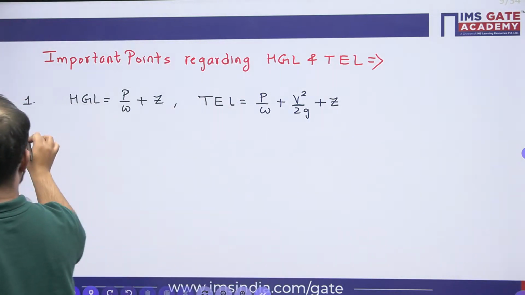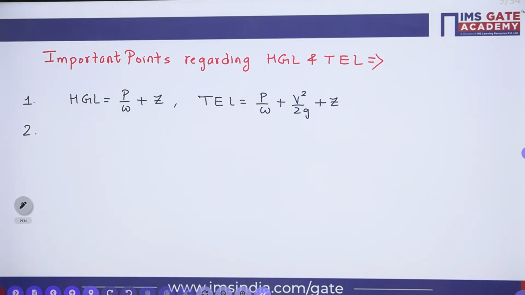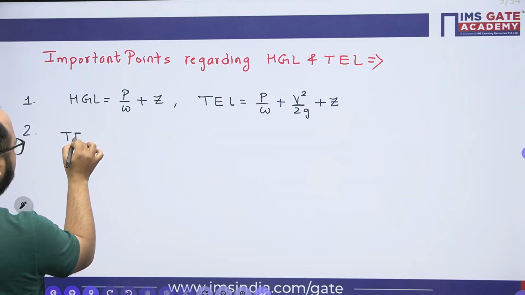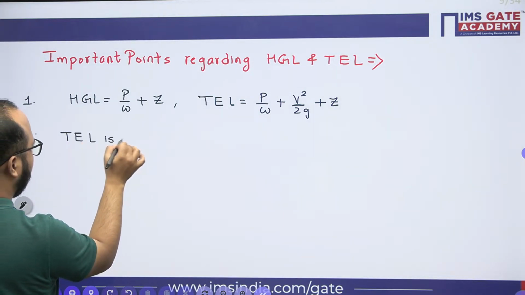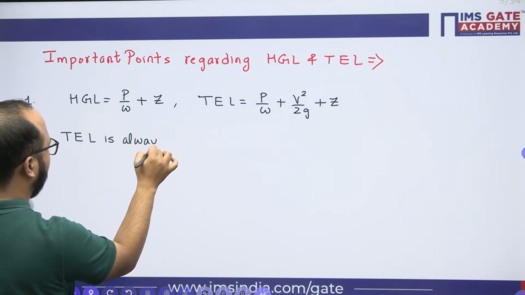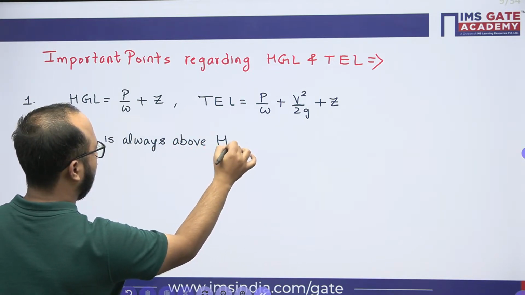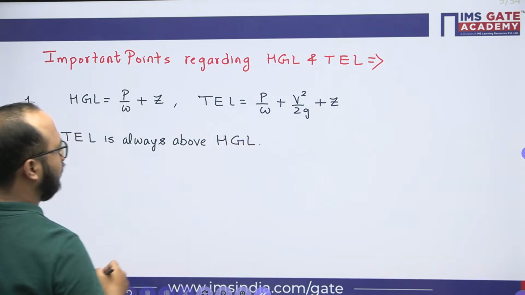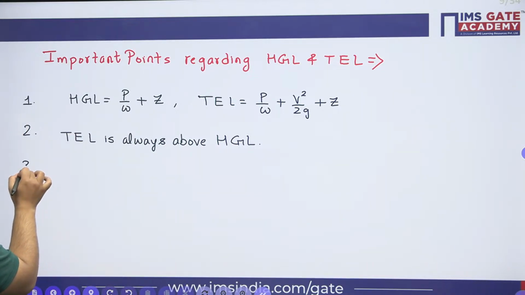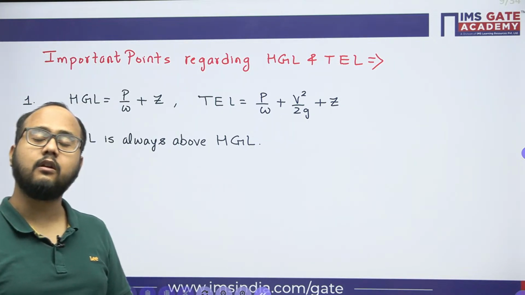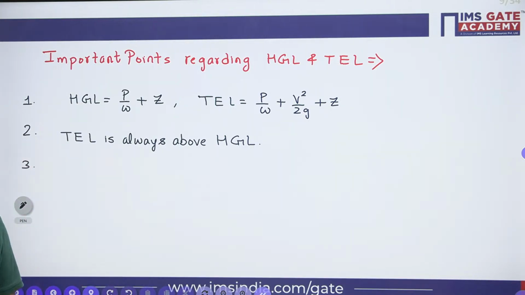Correct? Now, point number 2. TEL is always above HGL. Always above HGL. Right? Correct? Because it is having all the energy forms. So that's why it will always be above the HGL.